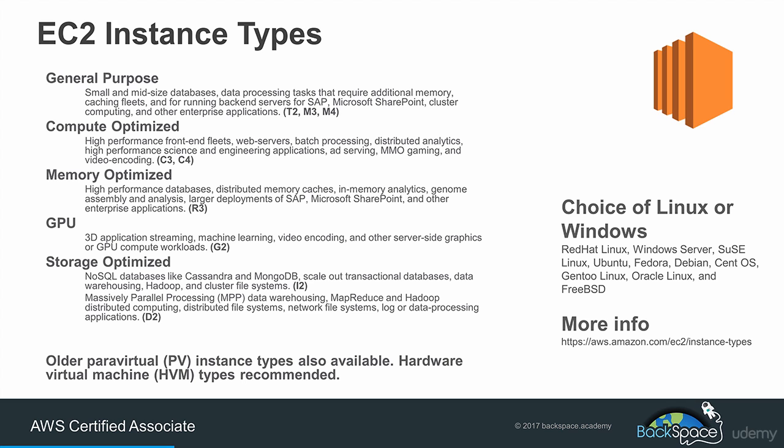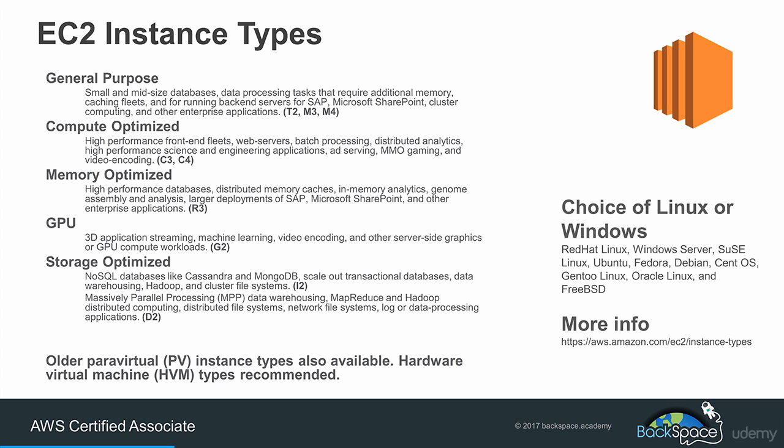That's going to be for high performance databases, in-memory caches, and large deployments of SAP and SharePoint. And that's the R3 instance type. Then we have the GPU. That's going to be for your graphics applications, for 3D graphics applications, machine learning, and highly intensive GPU compute workloads, and that's a G2 instance type.